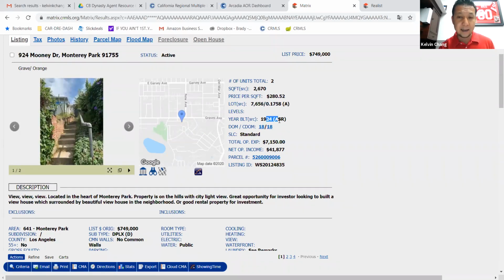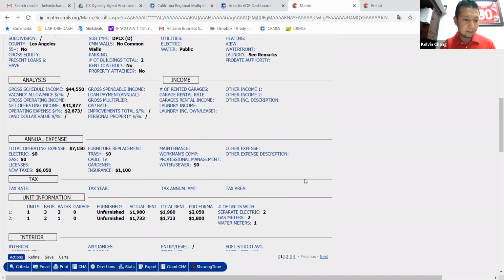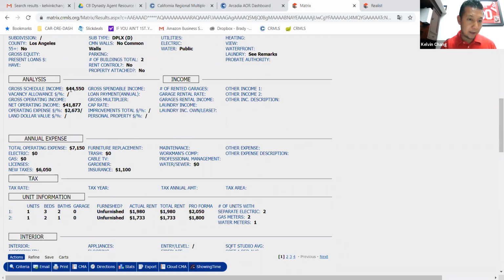So the deferred maintenance on this one is probably very high. It's got a lot of deferred roof maintenance or landscaping and foundation issues that might increase its future maintenance expenses, okay? This one has income of $44,000 on rents. The actual rents are $1,980 and $1,733.